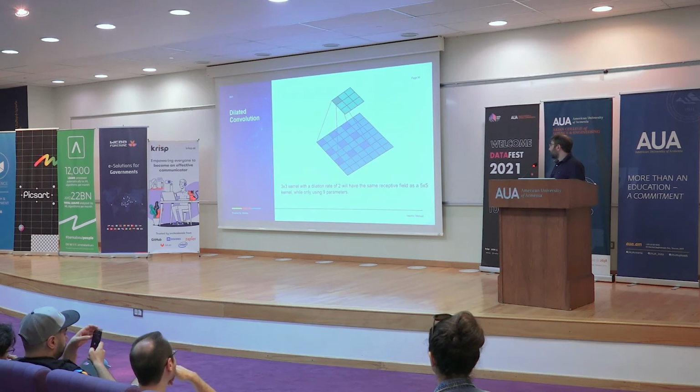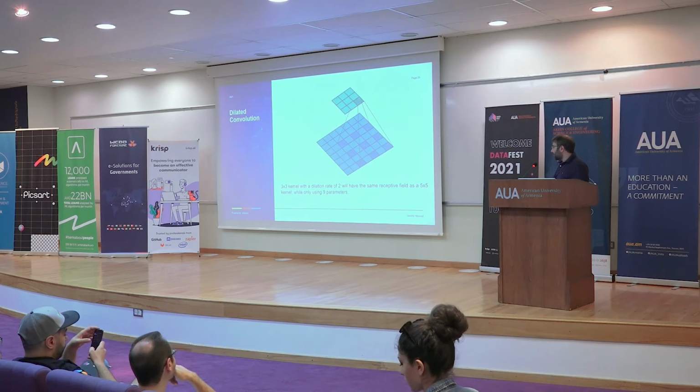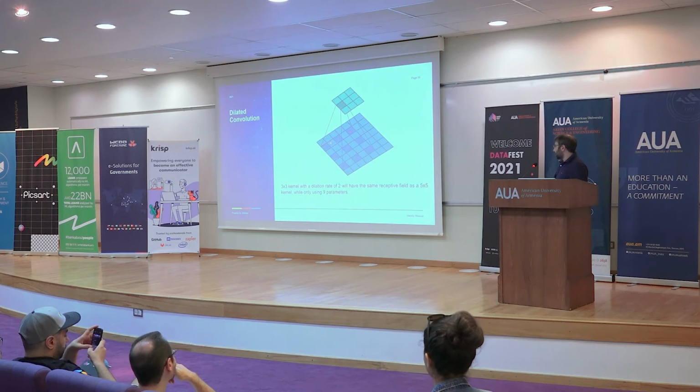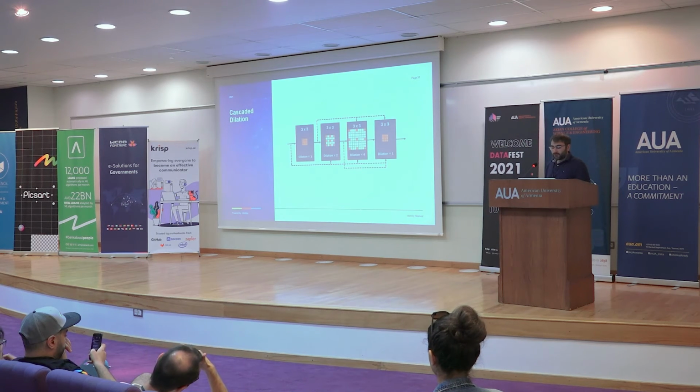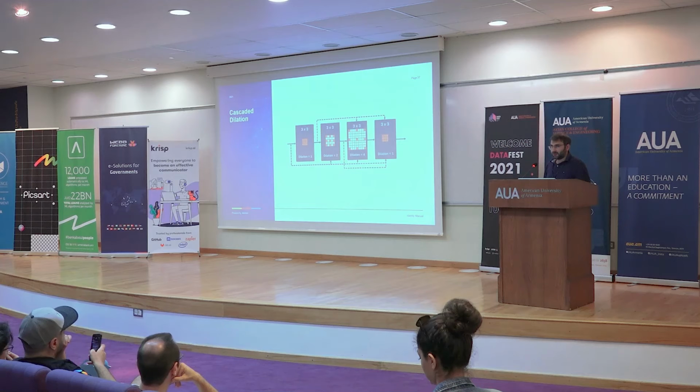In order to do that, we used these dilated convolutions. Here you can see that by just adding this dilation, we can keep the same number of parameters, like a 3x3 kernel. We just added some zeros, but the receptive field is increased from 3x3 to 5x5. And here you can see the architecture of this cascaded dilation.